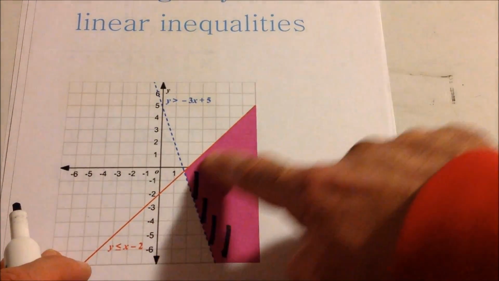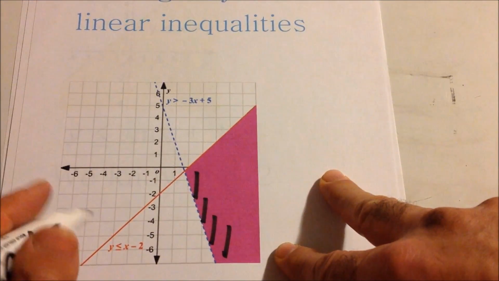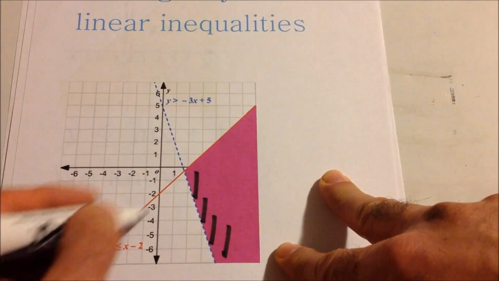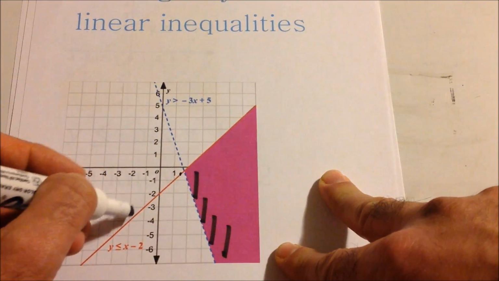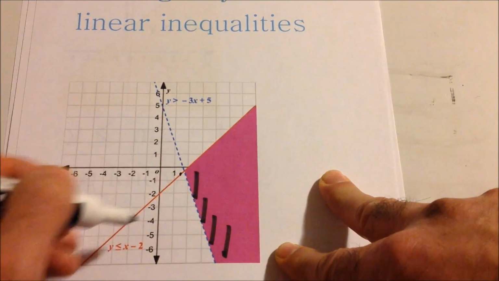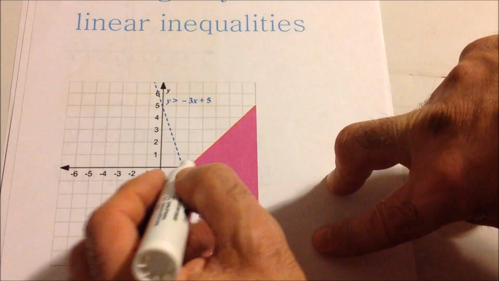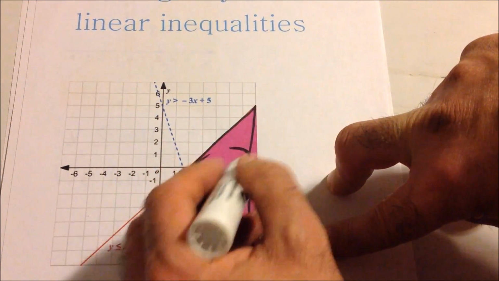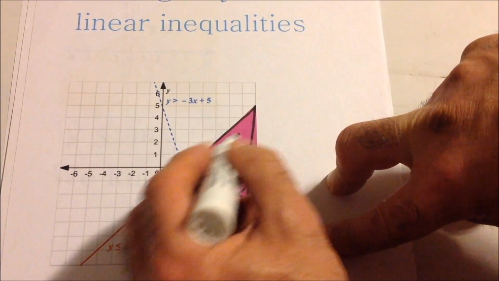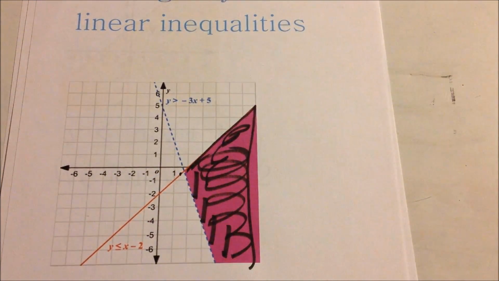And this one over here is saying y is less than or equal to, because it's a solid line, and the solution is below the line. So right here, where they both meet, is in this dark purple area. Any point in this area would be the solution.